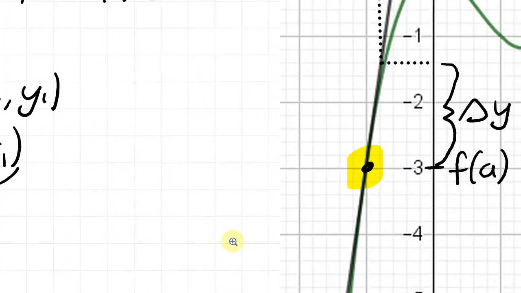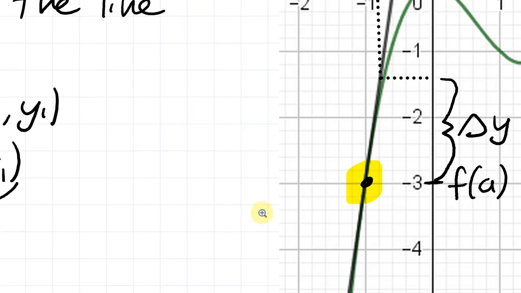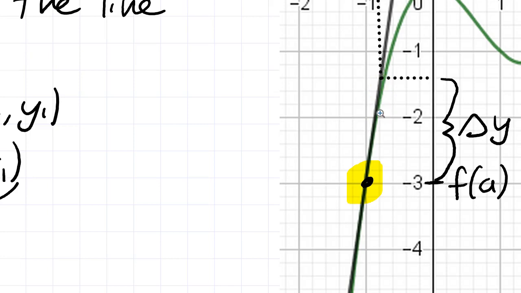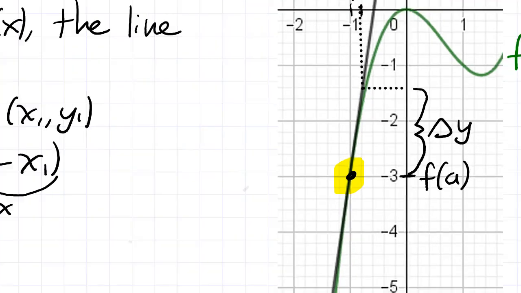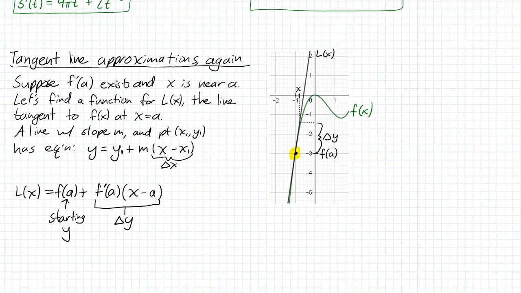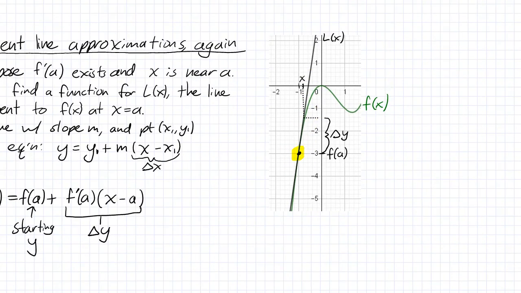You can barely tell the difference on this graph for values of x close to -1 here. The difference between the curve and the line becomes 0 the closer that the point gets to a.